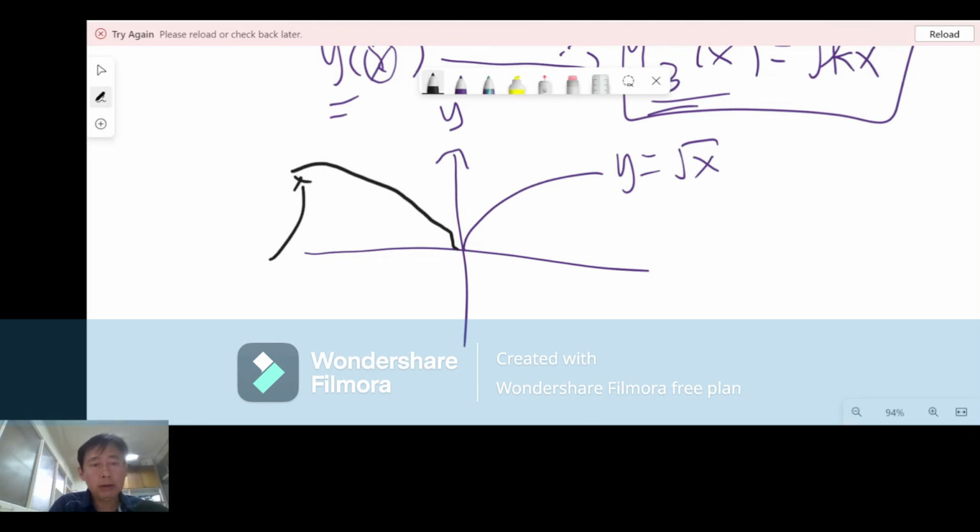And this graph, which I label as y1, is obtained by replacing all the x by negative x. So that is obtained as y of minus x. So this graph of y1 is just the reflected version of the original function about the y-axis.